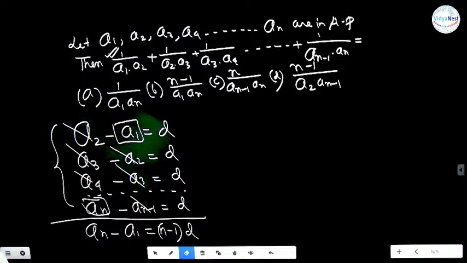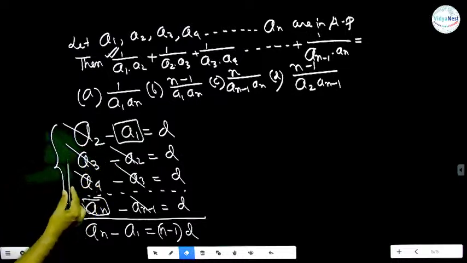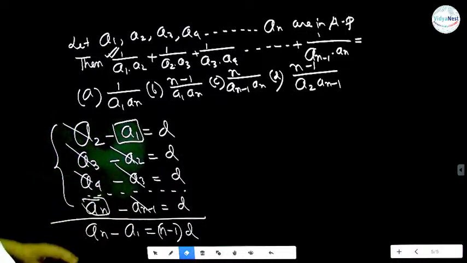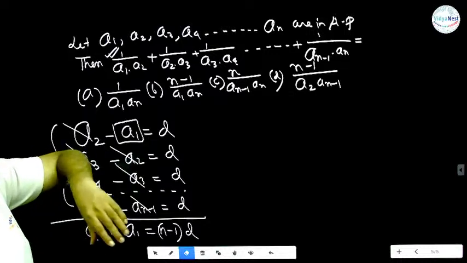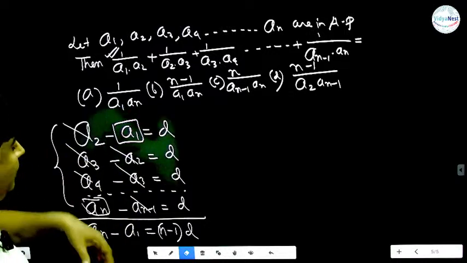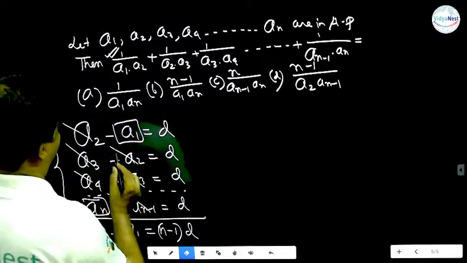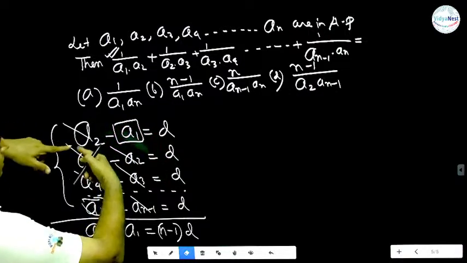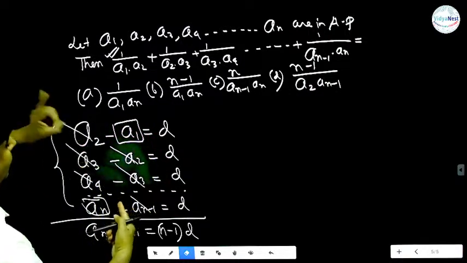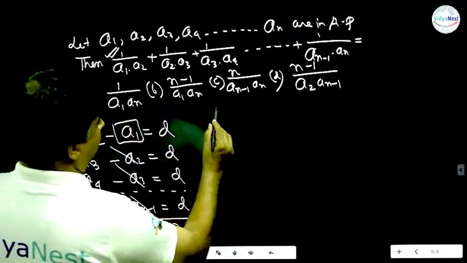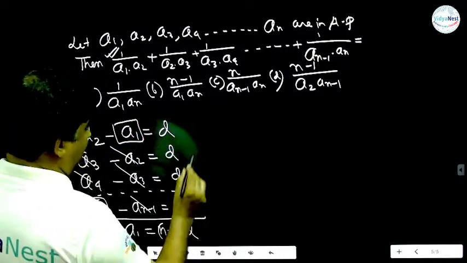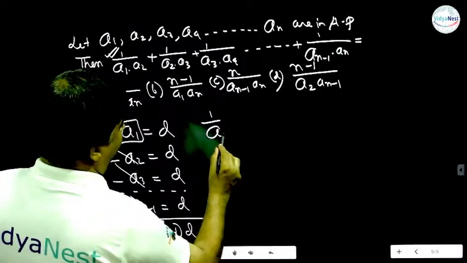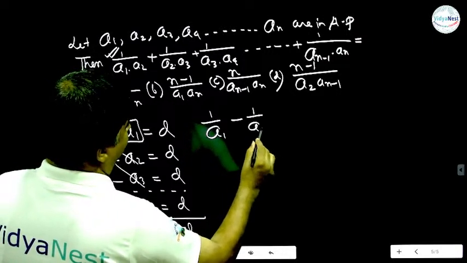That's why I have written A2 minus A1. A3 is greater than A2. Now if you reverse it, that means A2 is greater than A1, it will become 1 by A1 is greater than 1 by A2. 1 by A1 you write first: 1 by A1 minus 1 by A2.